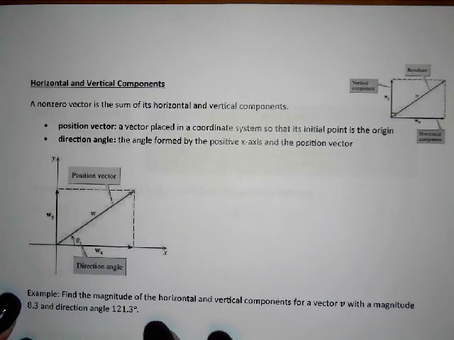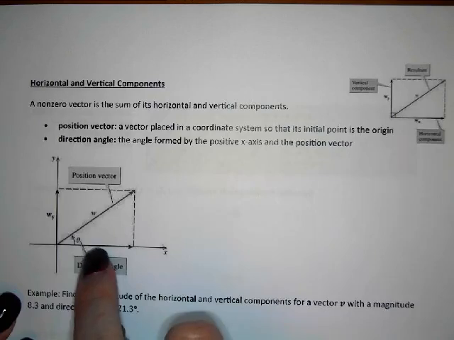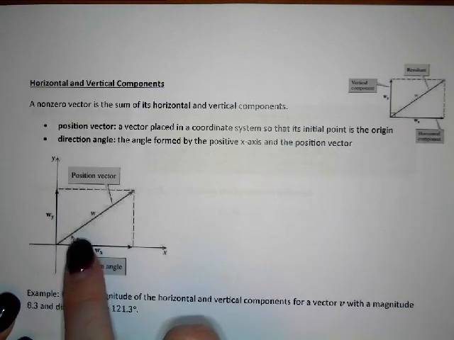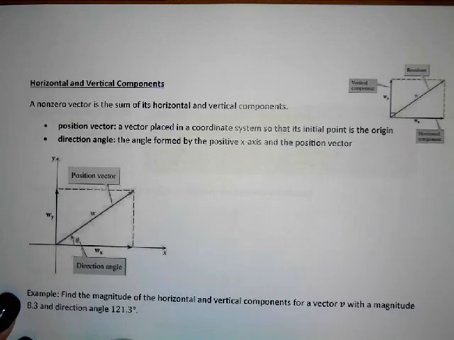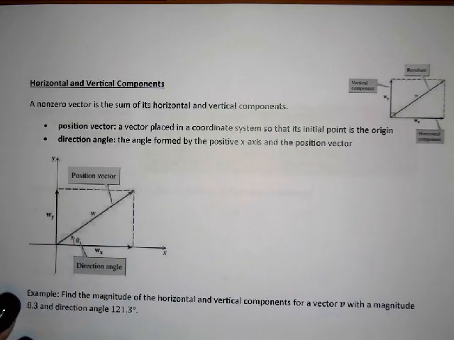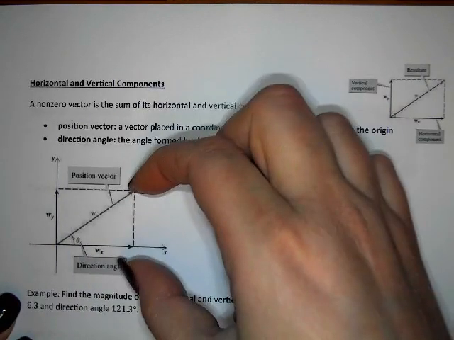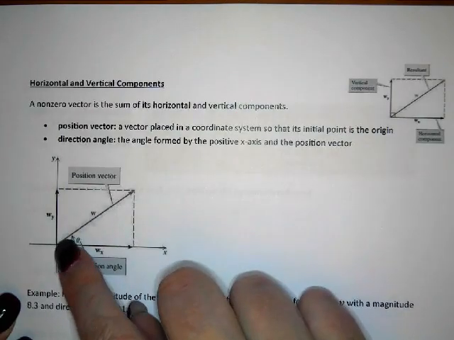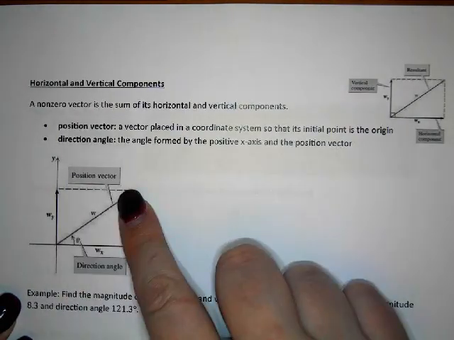So if we wanted to figure out a way to write what this position vector was, then we have to figure out a way to write the horizontal component, how far it's going to the left and right, and how to write the vertical component, how far it's going up and down, because we know that the vector is the combination of those two things, left and right, up and down.